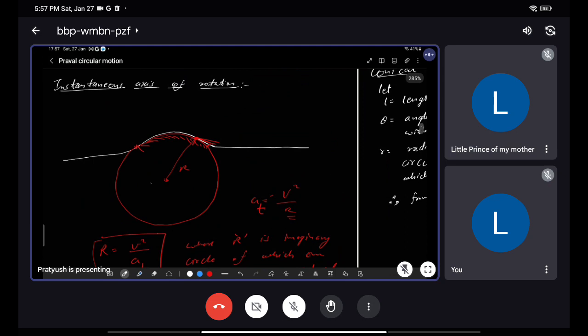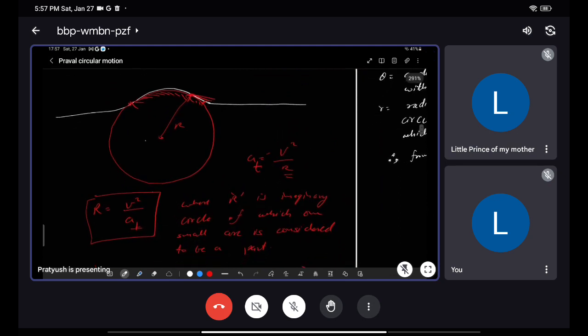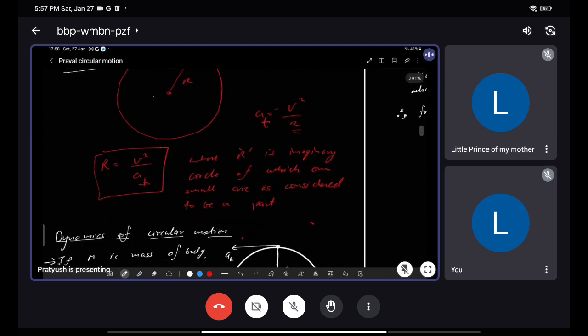Again, the particle is moving over the road like a car going over a speed breaker. That speed breaker must have some radius. For that we are using v square upon the perpendicular component of acceleration. With the help of questions you will be able to understand it clearly.